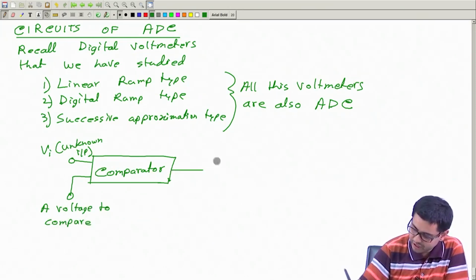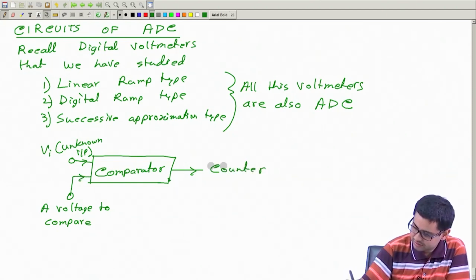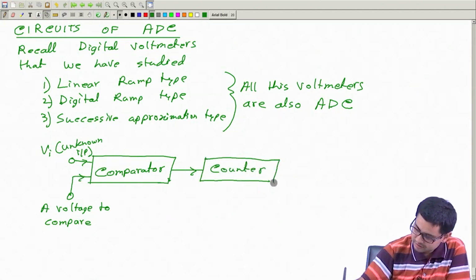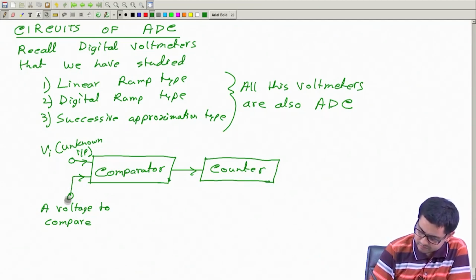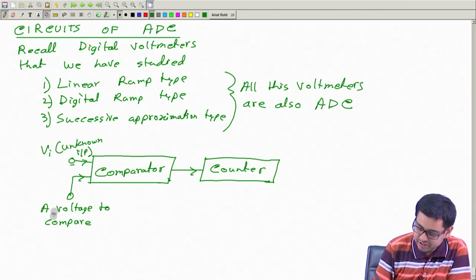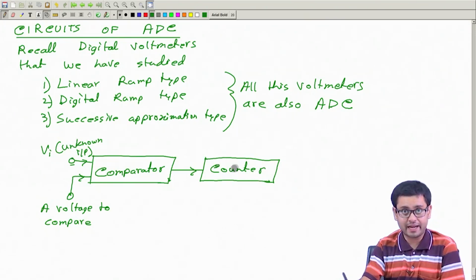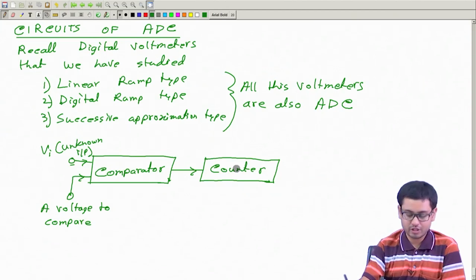and then this drives a counter. The moment we find that these two voltages are comparable, maybe this is increasing and at some point these two become comparable, at that time the counter stops, and the value of the counter at that moment will represent the digital equivalent of this input voltage.